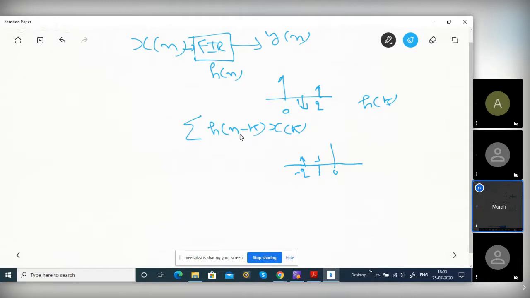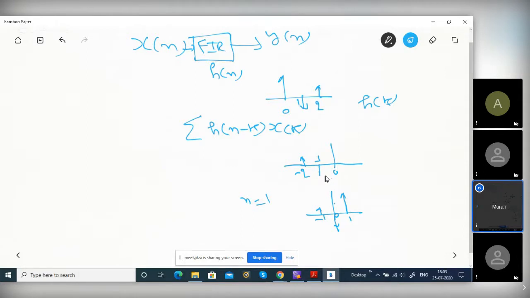For n equal to 1, you shift it right by 1.